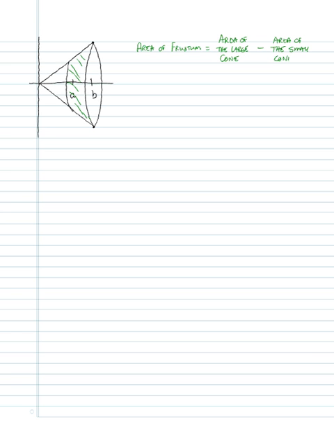Well, let's talk about the area of the large cone, and let me refer to the radius of this large cone as r sub 2, so we'll let that be the second radius, and the radius of this small cone is right here, and that radius we'll call r sub 1.